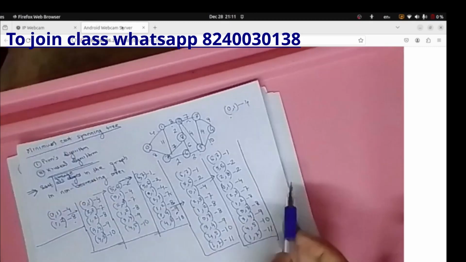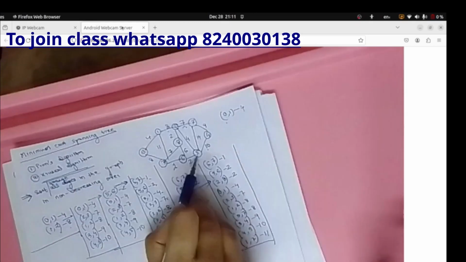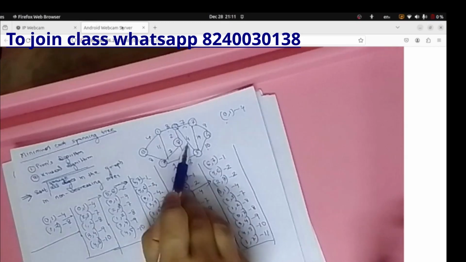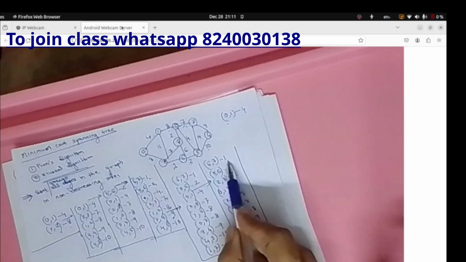So this is the current list of the edges sorted according to their weight. Now the next edge I want to consider is 2, 5, whose weight is 4. So 6, 7 weight is 1, so it will not change its position.